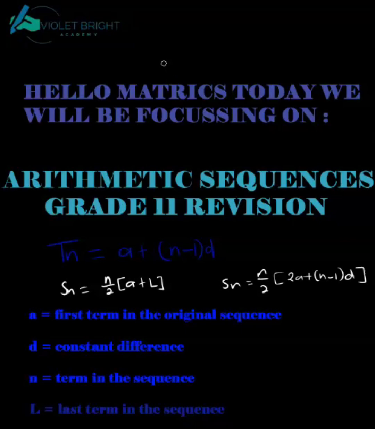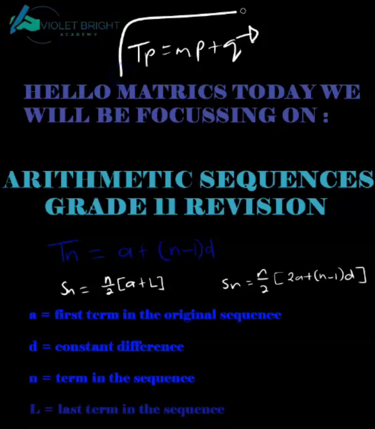You still remember in the last video tackling that exam question, there was this kind of thing, Tn = mn + q. They were saying that we should try to find an equation in this format. Remember, in this format we are basically using the old way, where m is more or less like the gradient or the constant difference.